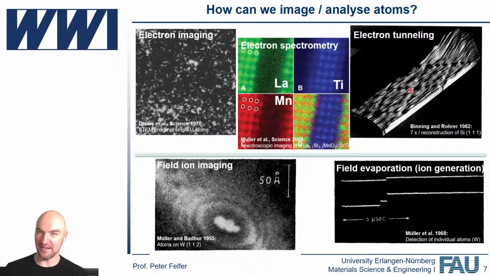Or in the 1980s, very famously, Gerd Binnig and Heinrich Rohrer at IBM in Zurich used a very sharp tip, which was, by the way, also made using field ion microscopy, to image individual atoms on silicon surfaces. And what these things all have in common is we're exchanging electrons.